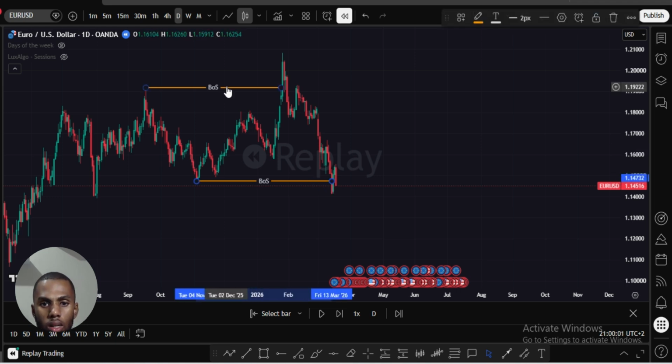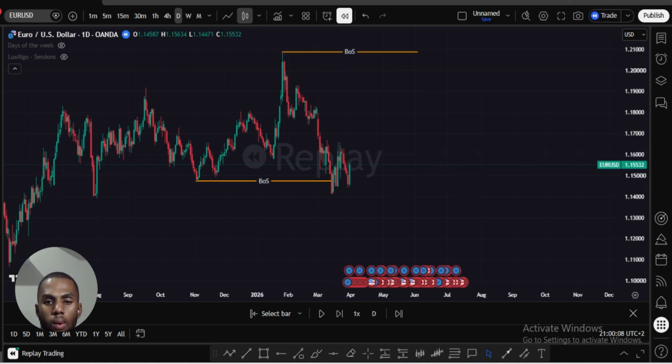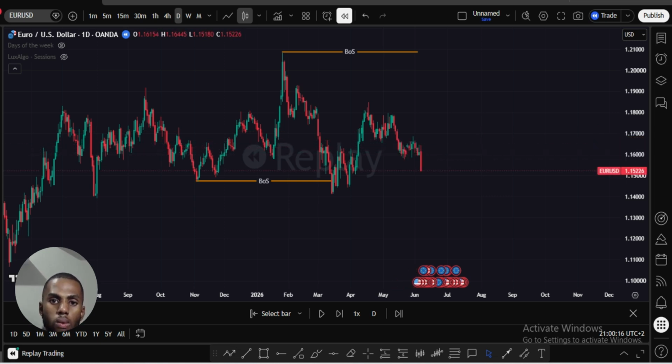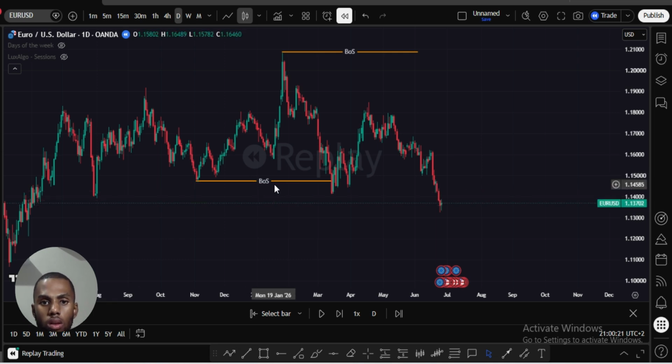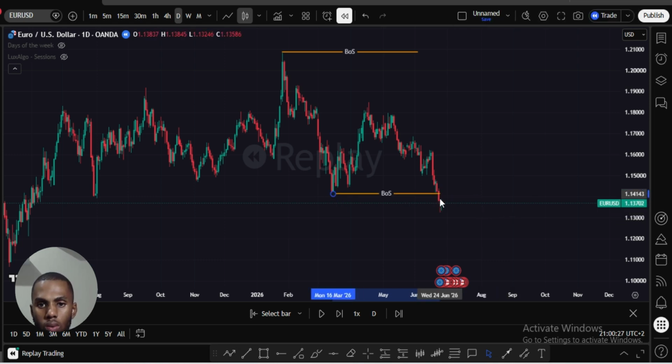The market broke and closed below that low. Then we take this and drag it across. We have a pullback. There we go. The market broke and closed below this low right here.